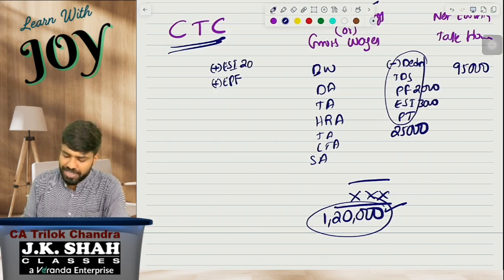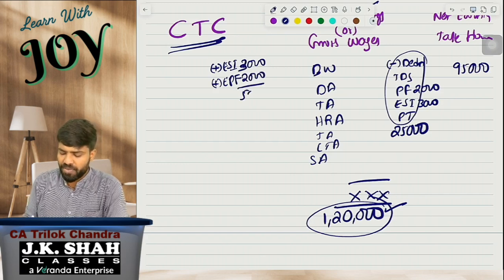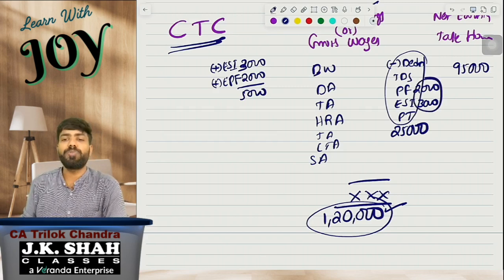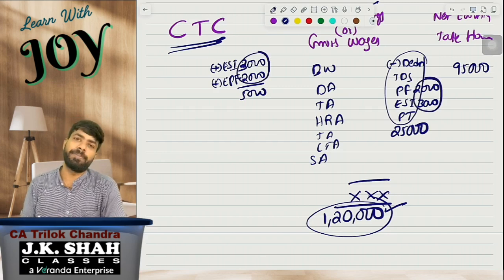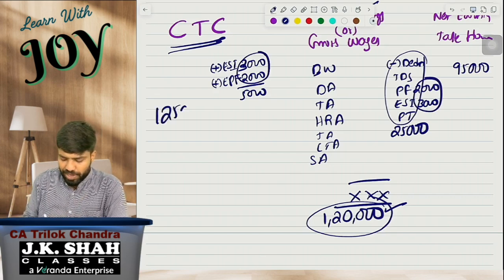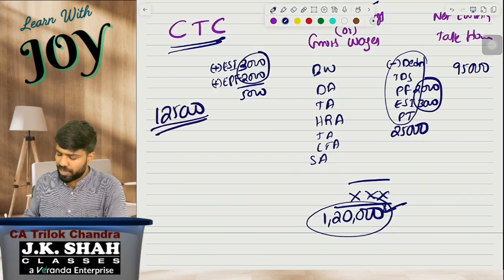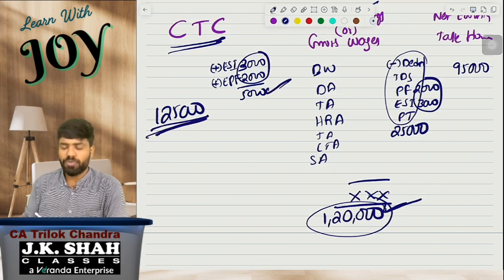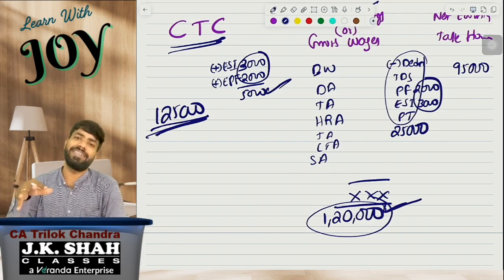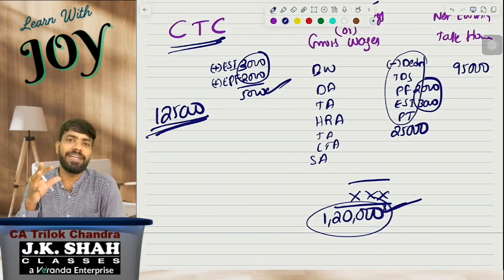Then here also, PF is 2,000 rupees and ESI is 3,000 rupees. Totally 5,000 rupees has to be contributed by the employer. This is the employee contribution. This is the employer contribution. Now, what is the total cost to company? 1,20,000 plus 5,000, 1,25,000. So 1,25,000 is the CTC, 1,20,000 is the total earnings, 95,000 is the net earnings. This you need to understand.